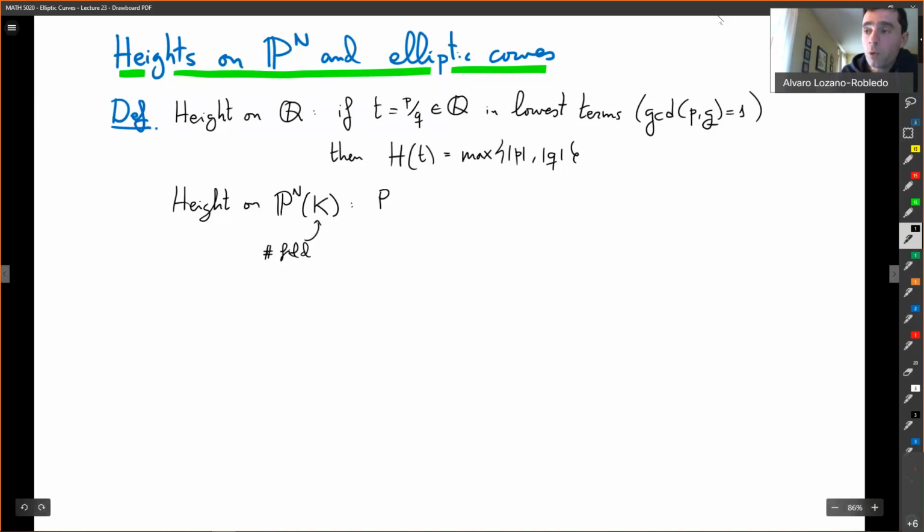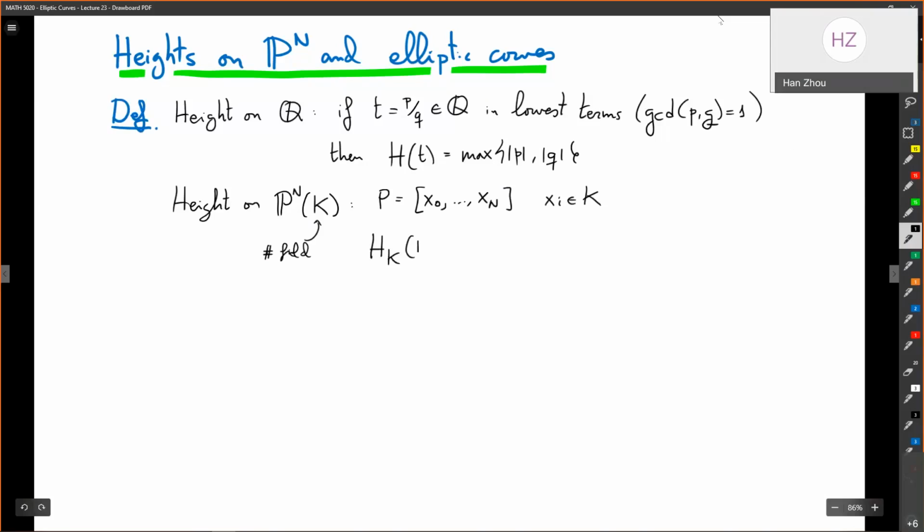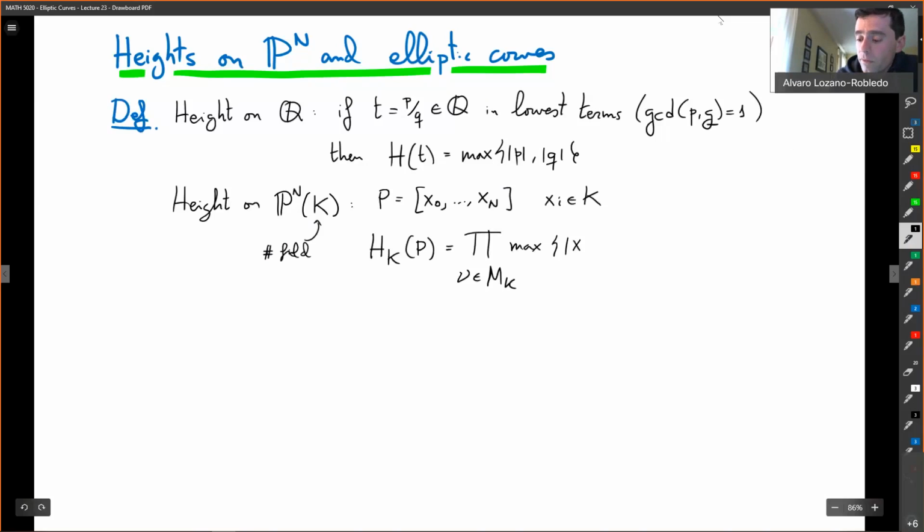If you have a point P in projective space given by homogeneous coordinates like this, with the xi's in K, then the height in K of P is going to be the product over places nu of K of the max of the valuation of each one of the coordinates.